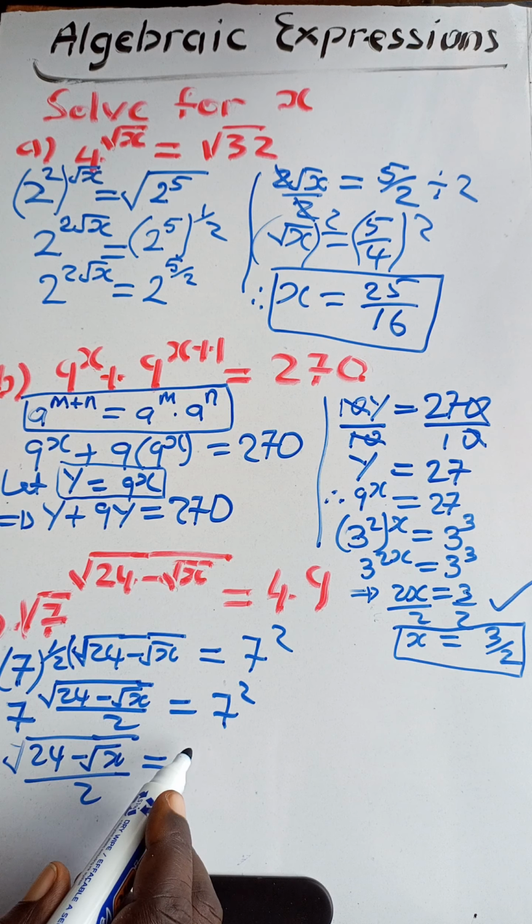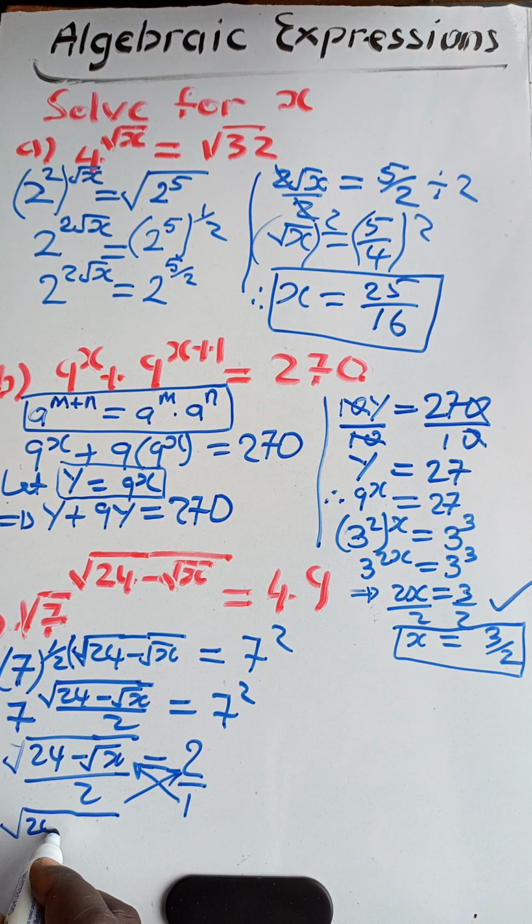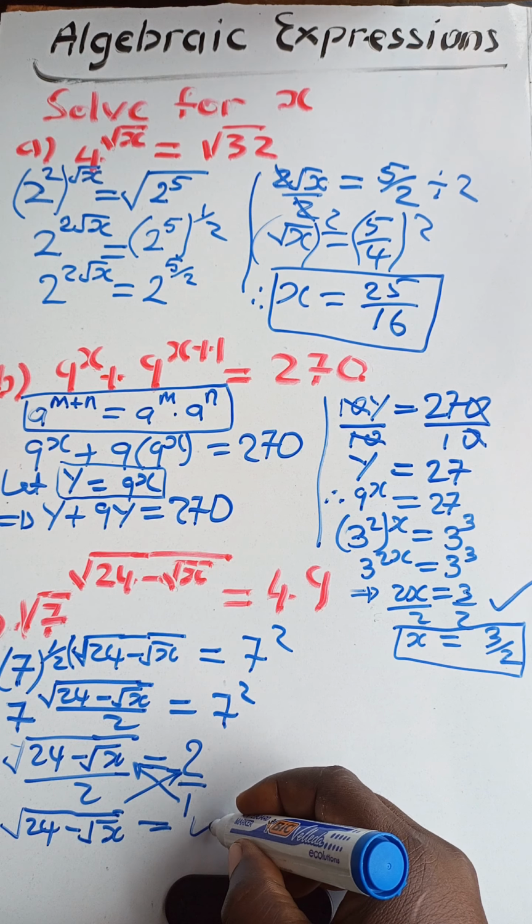We equate it to the power this side, which is 2. All right, this is a fraction. We can make this also a fraction so that we carry out cross multiplication. 1 multiplied by all of that, we have root 24 minus root x equals this denominator multiplied by that numerator. 2 multiplied by 2 is 4.